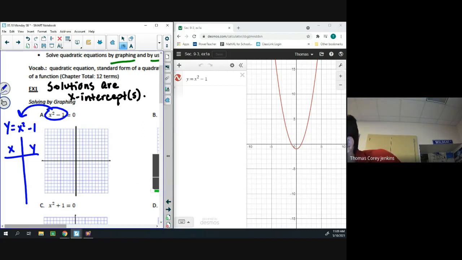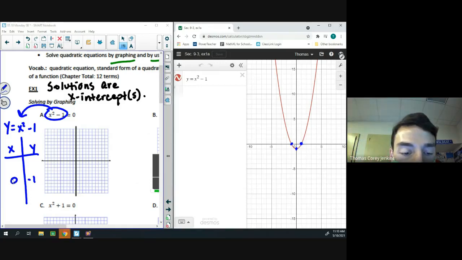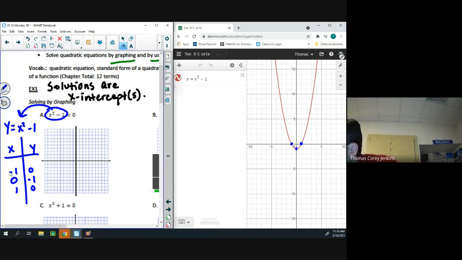So I'm going to pull out my corner points. It looks like my vertex is at 0, -1. And then I'm going to get 2 points on either side of the vertex. So one is 1, 0. The other one is -1, 0. And then we also have 2, 3, and -2, 3.